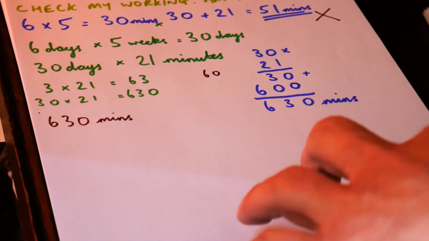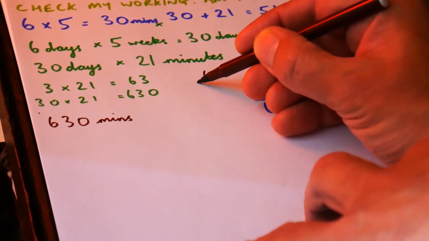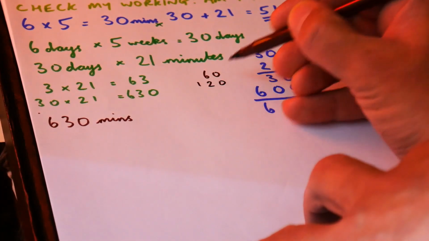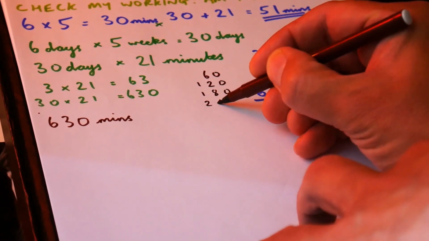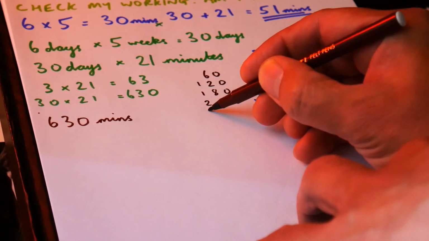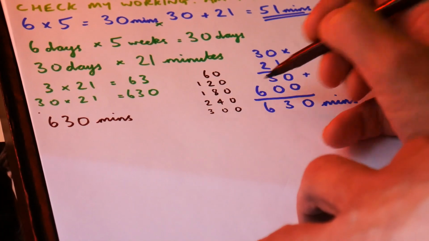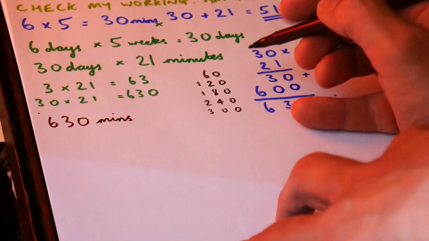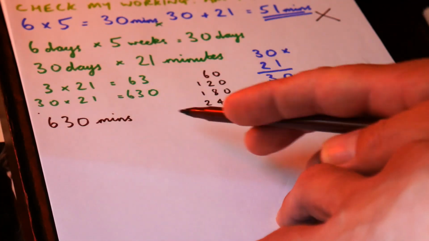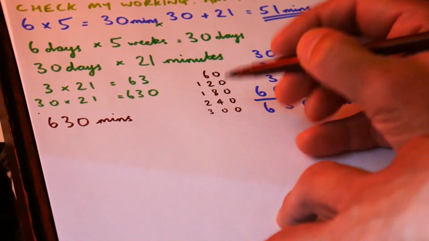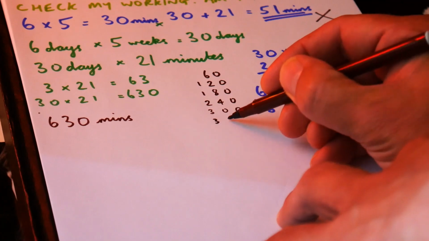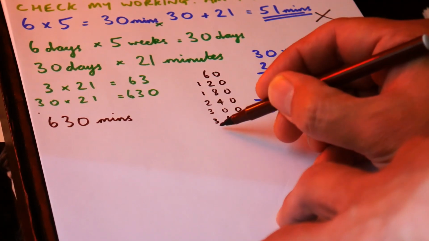Don't worry about that. 60, 120 is 2 hours, 180, 3 hours, 240, 4 hours, 300 is 5 hours. Some of you may have already noticed a link. 300, double it, is 600, but we can do that a bit later. 300 is 5 hours, 360 is 6 hours.